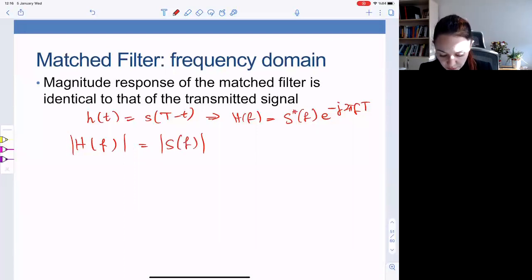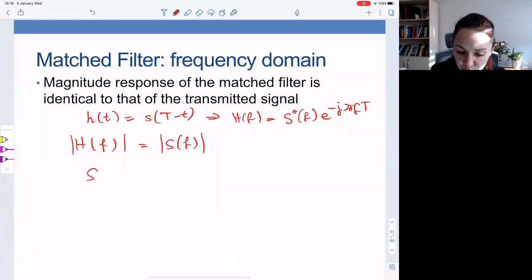So the noise at the output of the matched filter has a power spectral density. As you know, when stochastic processes go through LTI systems, their power spectral densities are scaled by H of f squared, and N0 over 2.